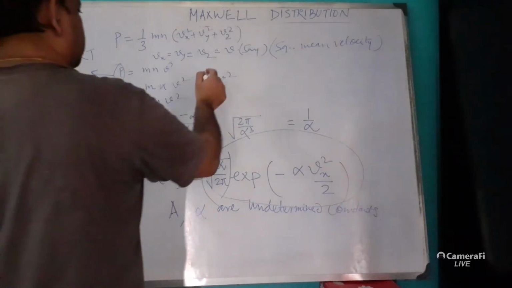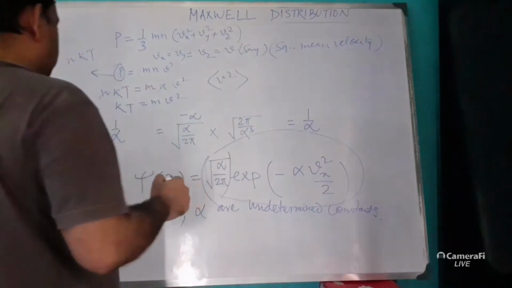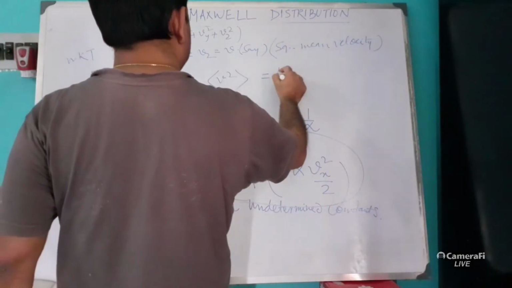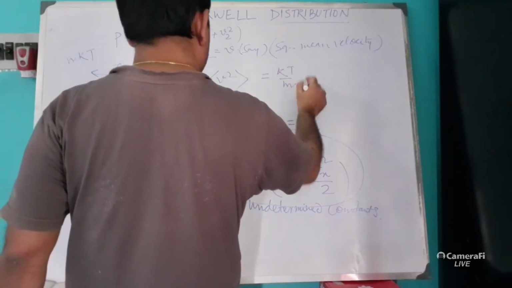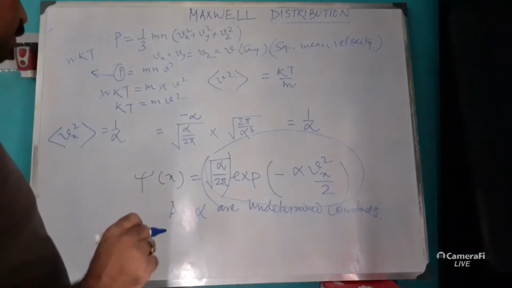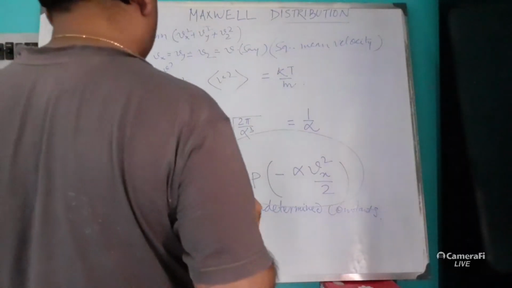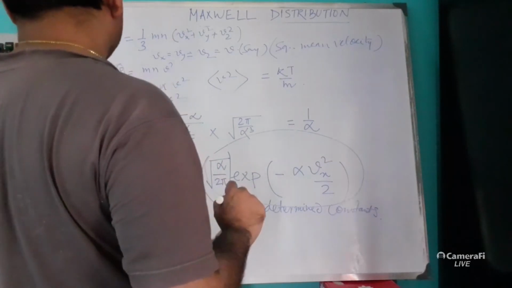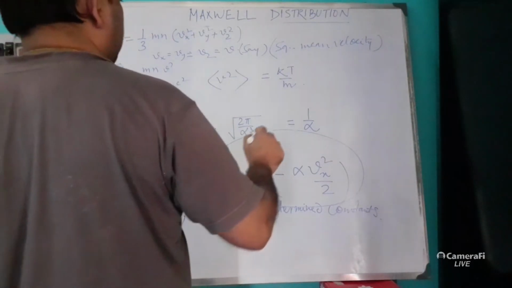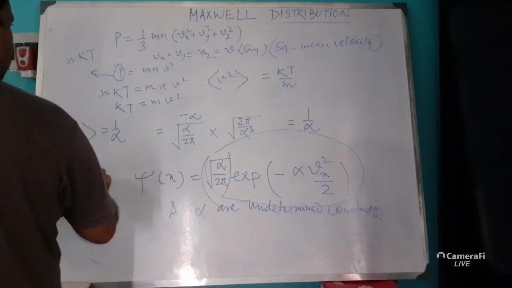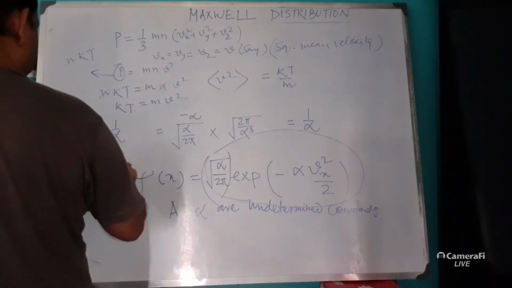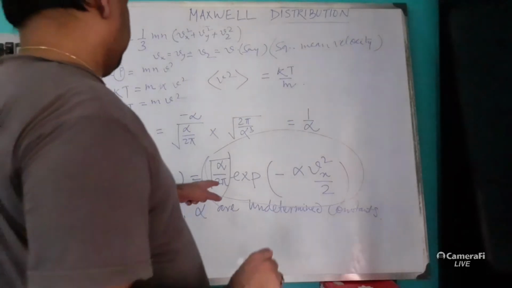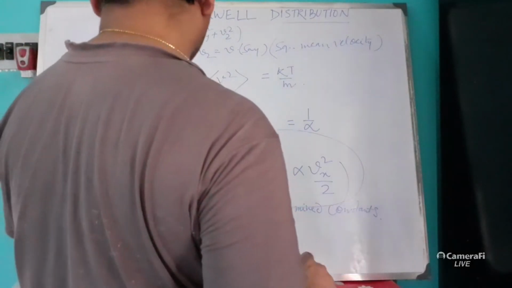So V squared in curly brackets is equal to kT by m. So you can substitute in place of 1 by alpha: 1 by alpha equals kT by m, or alpha is equal to m by kT. So we can safely put in place of alpha m by kT.